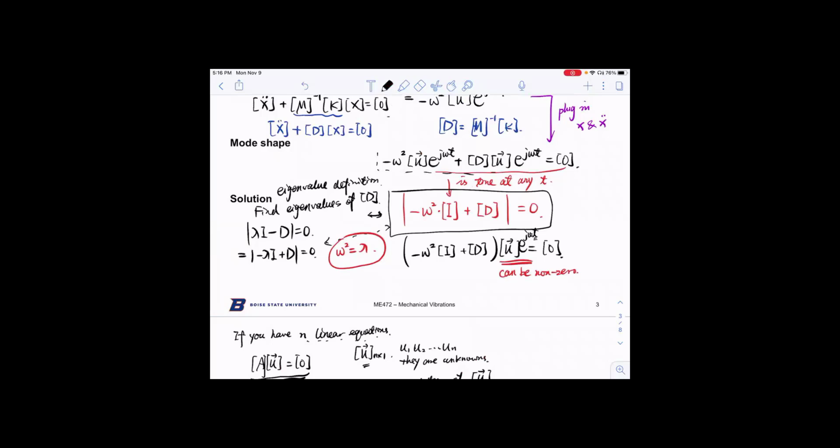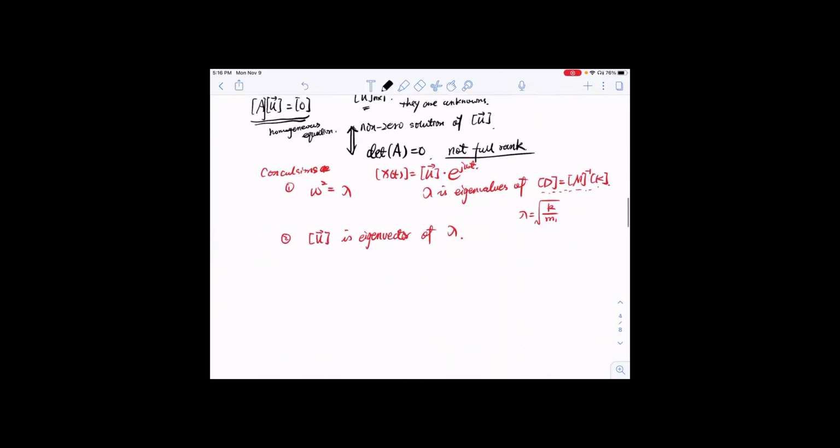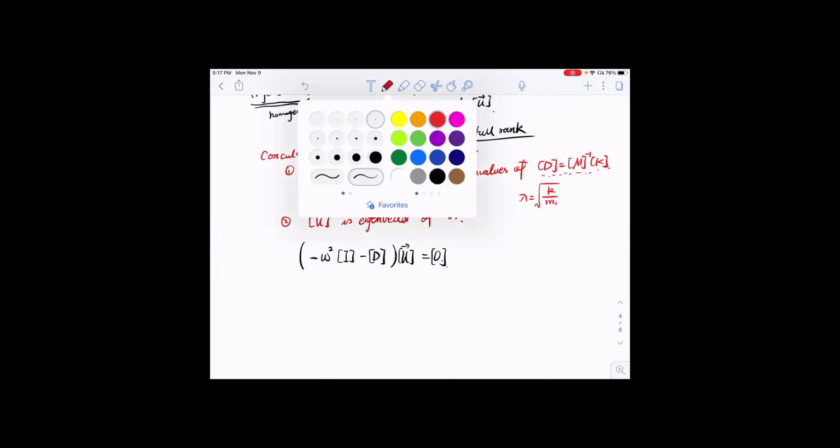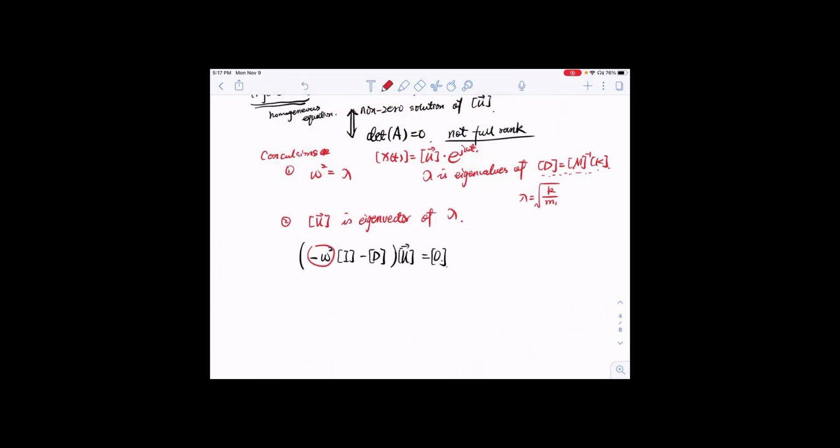Let's go back to this equation. Again, remember that minus omega squared times the identity matrix minus D, times U, should be 0. And remember that omega squared is already replaced by lambda.